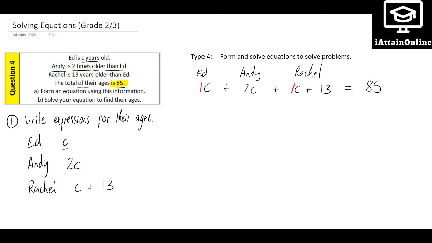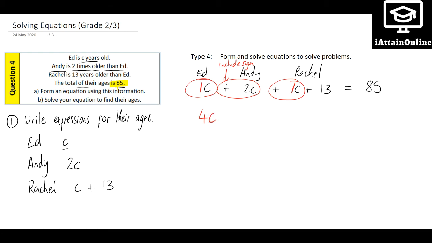Then we're going to group together all the C's. So I'm just going to put a circle around everything with a C in it. And when I do this, I want you to get into the habit of including the sign that comes before, not after. So in total, I have 1C plus 2 C's gives me 3 C's, plus another C, that gives me 4C.